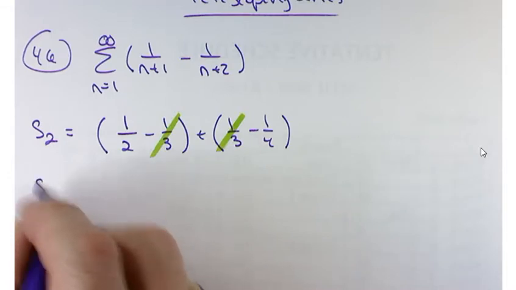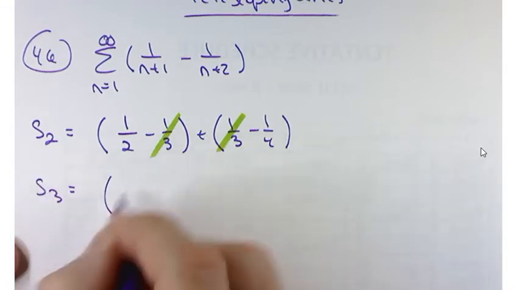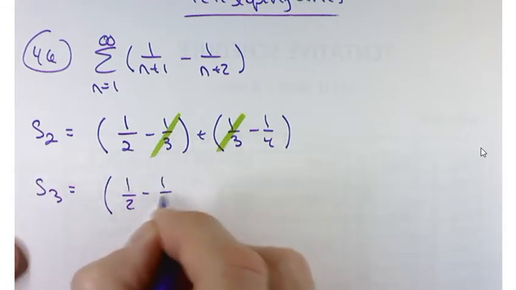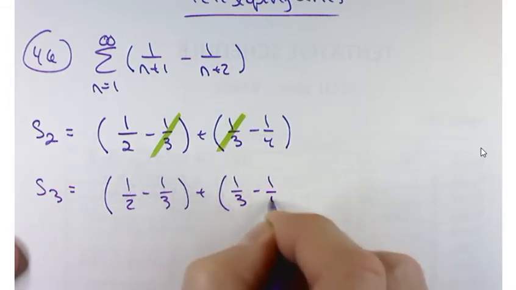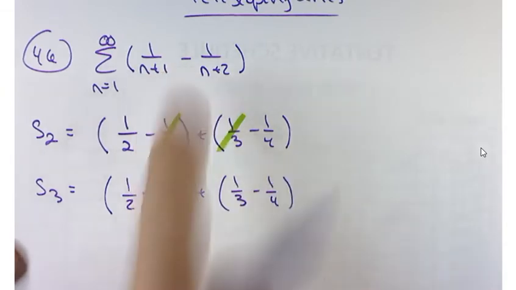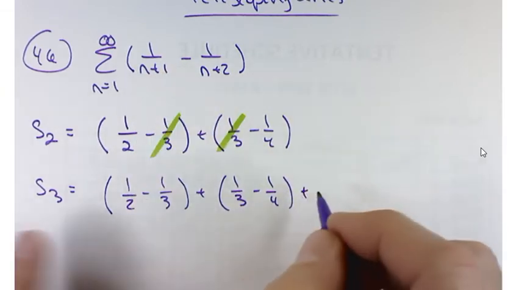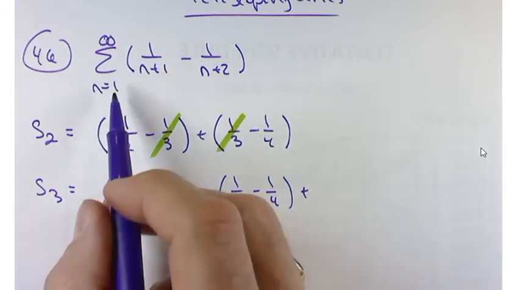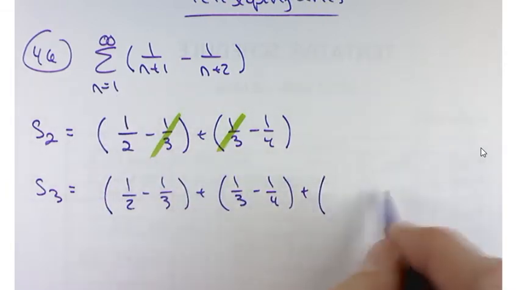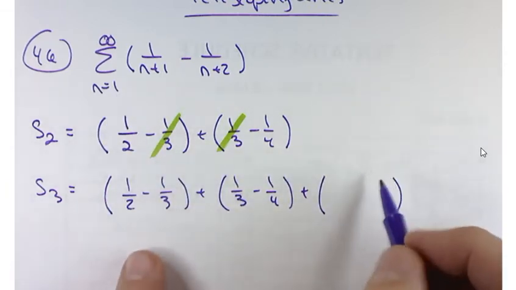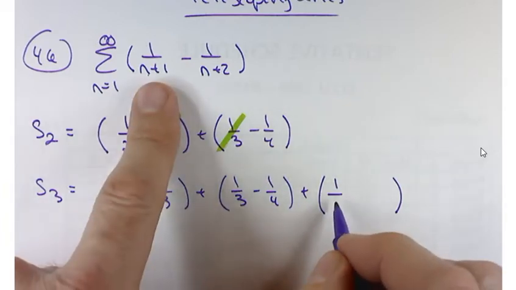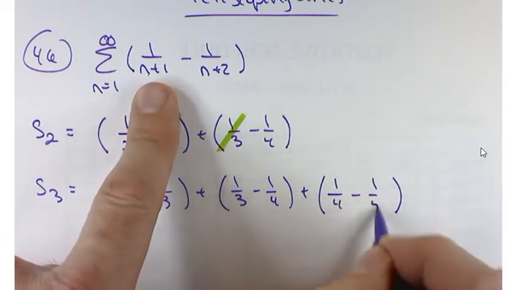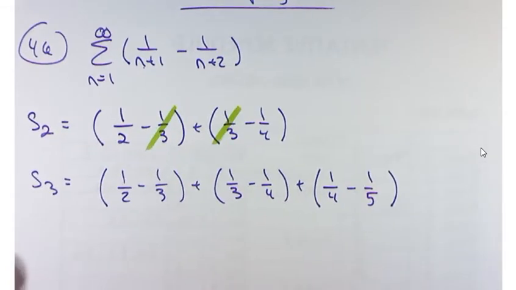Let's look at S sub 3. So the only difference now is that I'm going to add on the next term from this series. So when n equals 3, what am I going to get here? 1/4 minus 1/5.